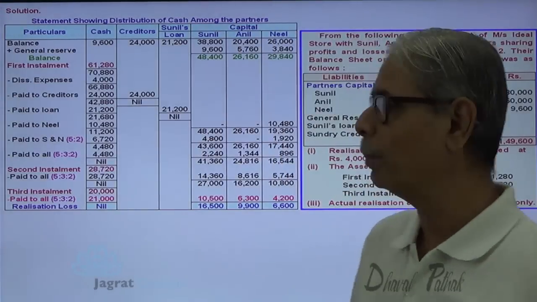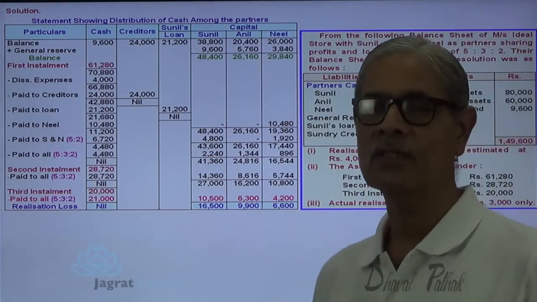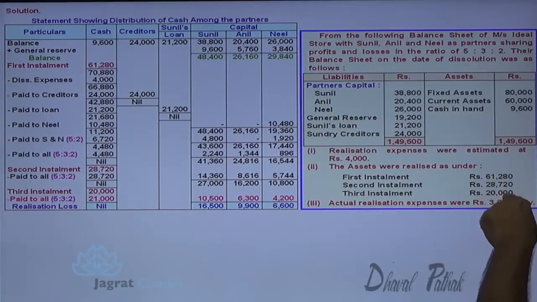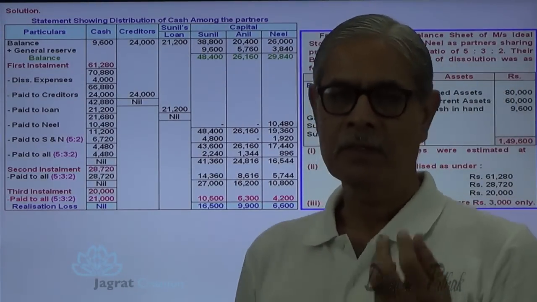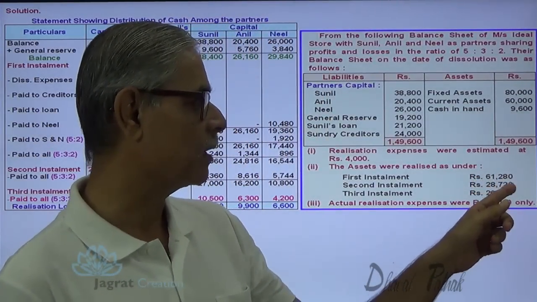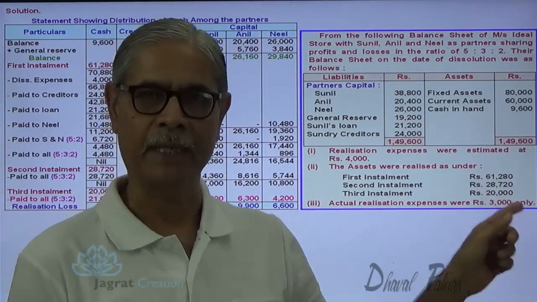Now if you want to confirm whether your sum is right or wrong, do one thing. Take the total of installments. This is the sales proceeds of the asset. So 16,280, 28,720, 20,000, make a total of all these.